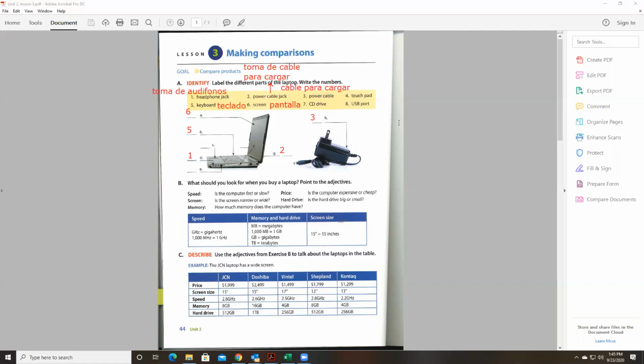Number 7, a CD drive. I have it as unidad de CD. And I have that as F right here.